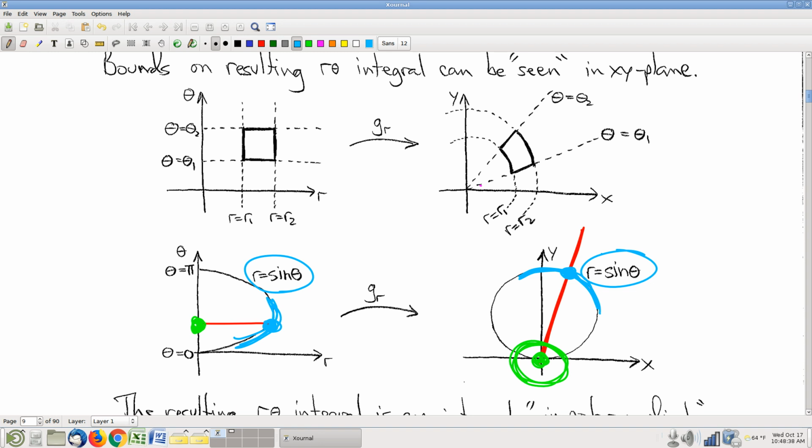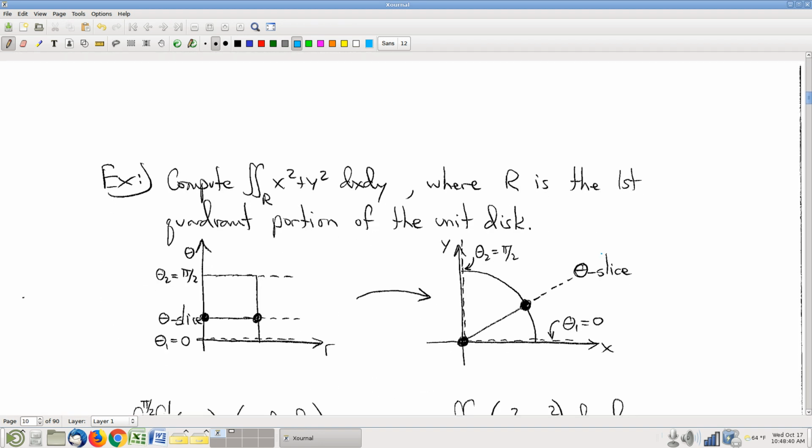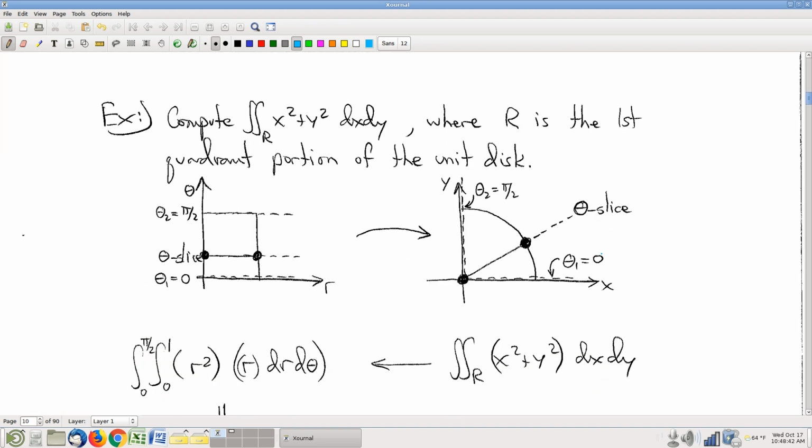Okay, all right, let's get our hands a little dirtier. Do an actual example. Here we're looking at an integral on this domain here. Of course we could do that in rectangular coordinates. Sure, right? But let's not. Let's see if it might be easier to do this in polar coordinates.